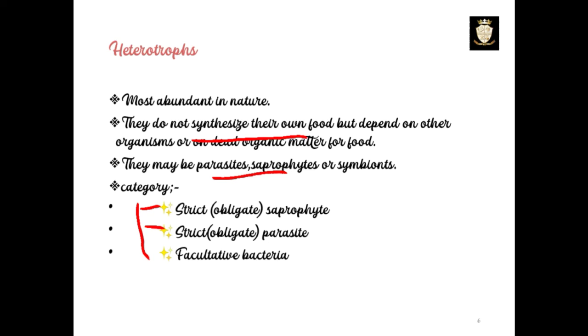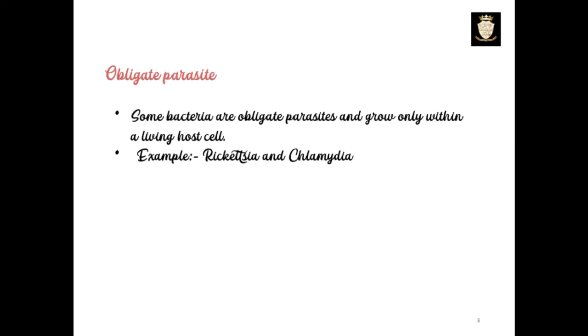The first one, obligate saprophyte: some bacteria completely depend upon dead organic matter for their survival. Such bacteria are included in the obligate saprophyte. Example, Mycobacterium tuberculosis. And the obligate parasite: the bacteria which grow within the living host cell.